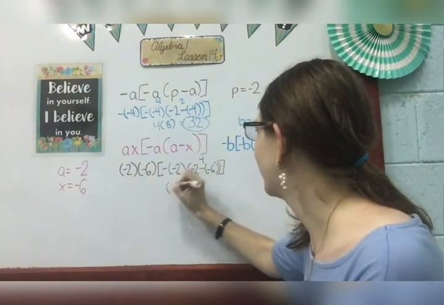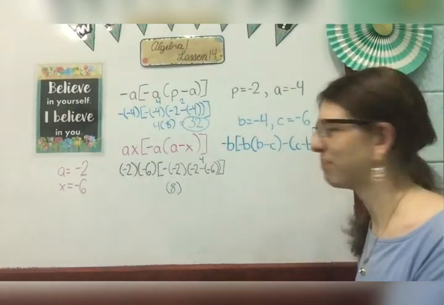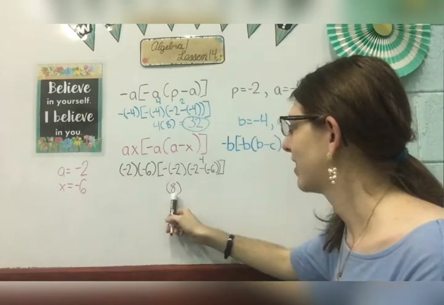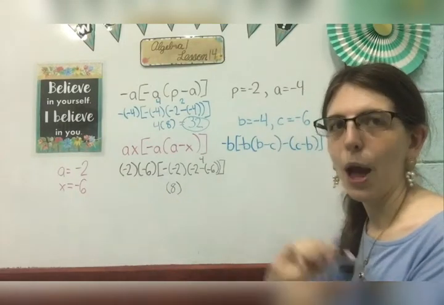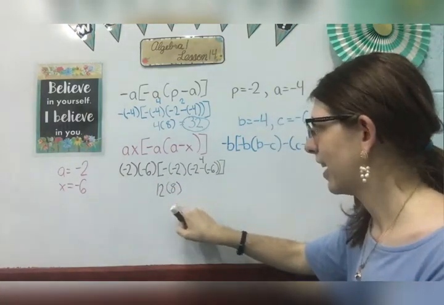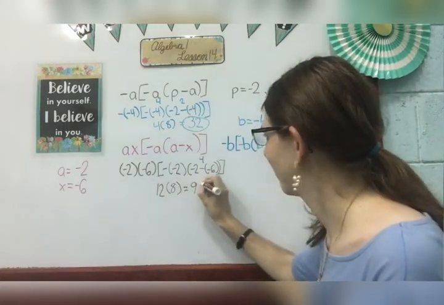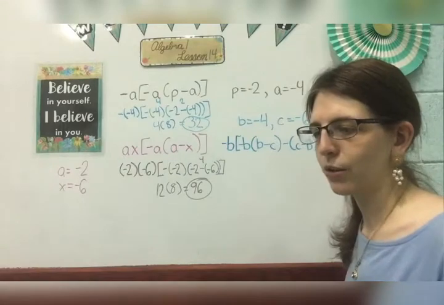So all of this boils down to 8, just like the last one. So then I have negative 2 times negative 6 times 8. What's negative 2 times negative 6? Positive 12. So I have 12 times 8. And 12 times 8 is 96. And that's your answer. So far so good, right?